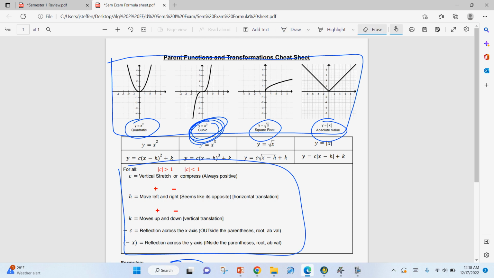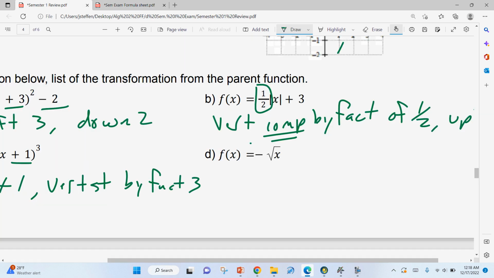These reflections, if you look, if it's outside the parentheses or the square root or the absolute value, so there we go. If it's outside that stuff, that means it is across the x-axis. So you can use that. Reflect across the x-axis. I do want to make sure I have that one correct because that is something that I would miss if I'm going too quickly.